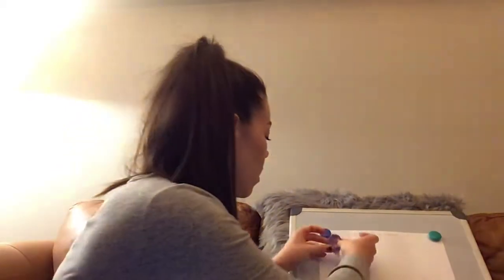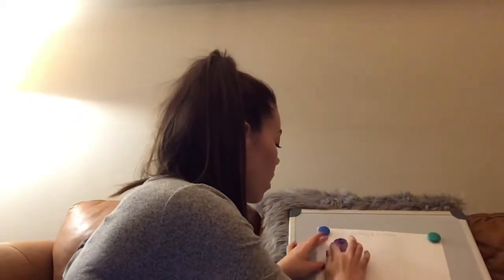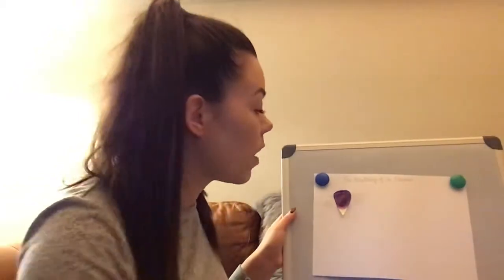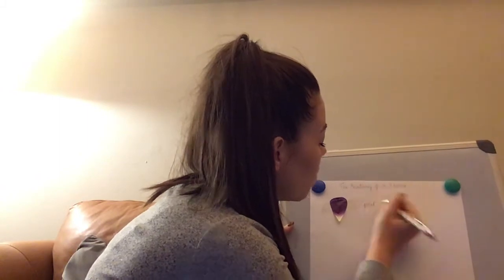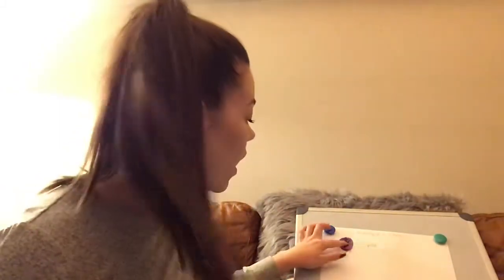Get my sellotape. And I'm going to write next door to it on my page the word petal. And I really liked in the video how it was described as a little runway that attracts the insects into the flower. I thought that was a really clever idea.